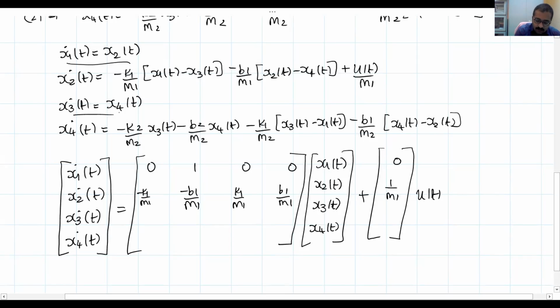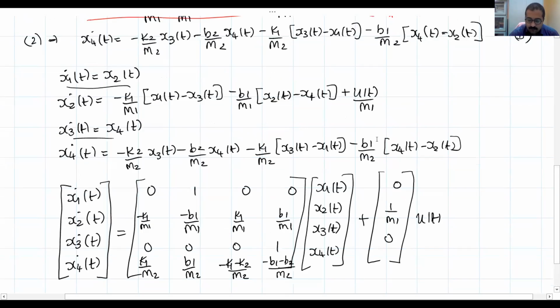Okay, now what is x3 dot? X3 dot is x4. That means 0, 0, 0, 1. What will be x4 dot? It will be k1 by m2, then the next term will be b1 by m2. From the x4 dot equation, I can pick up the coefficients: minus k1 minus k2 by m2 and minus b1 minus b2 divided by m2.